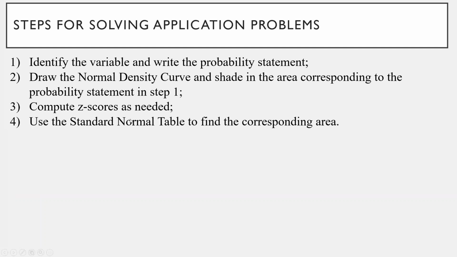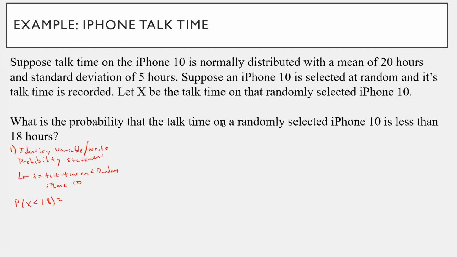For as long as I have been doing these problems, after we do a bunch of examples, everyone will see that this stuff is super straightforward. 9 times out of 10 when somebody makes a mistake, it's because they didn't do step 2 and they actually found the wrong area. So step 2 says draw the normal density curve and shade in the area corresponding to the probability statement in step 1. Okay, so the second step.